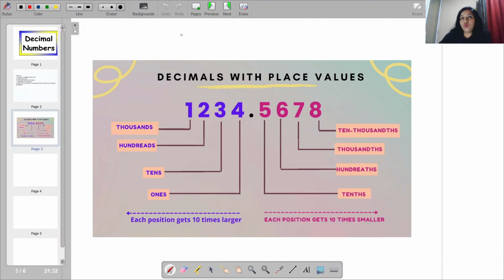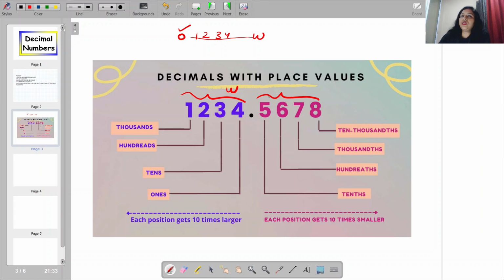We know that the numbers starting from 0 and going forward, 0, 1, 2, 3, 4, and so on, are the whole numbers. So the part on the left of the decimal is your whole number part. On the right of the decimal, we have the decimal or the fractional part.